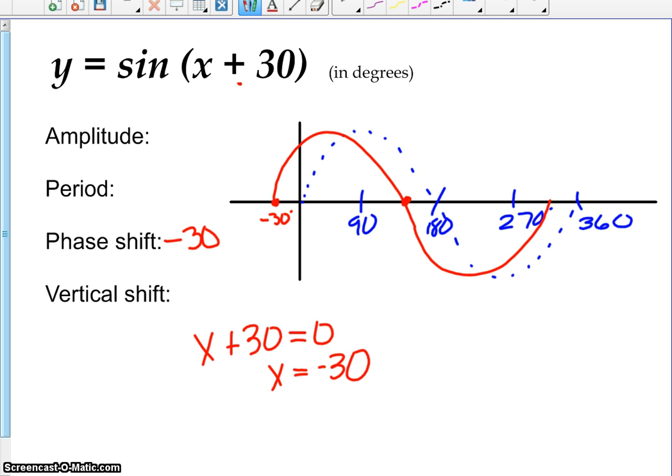At this point, I'm 30 below 180. This is at 150 degrees, not 180. This point where it ends is at 330 degrees, not 360. The halfway point would be at 240 degrees, not 270. This halfway point would be at 60 degrees, not at 90. So I just shifted everything and subtracted 30 from everything to find my new points.